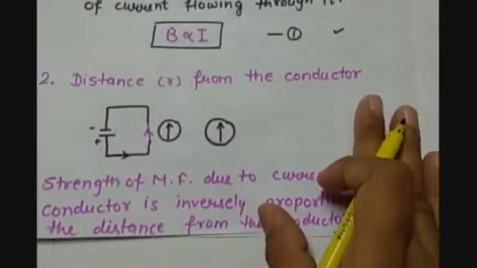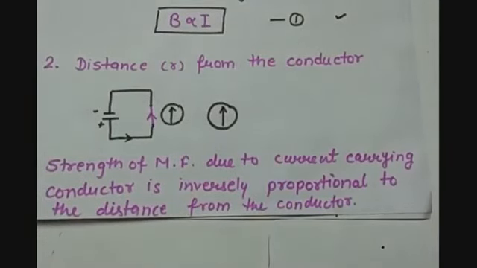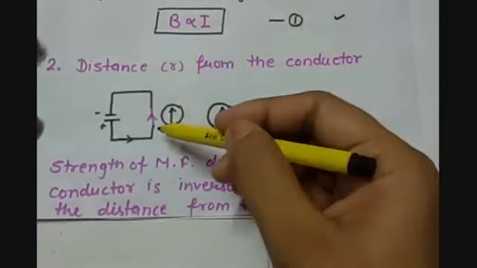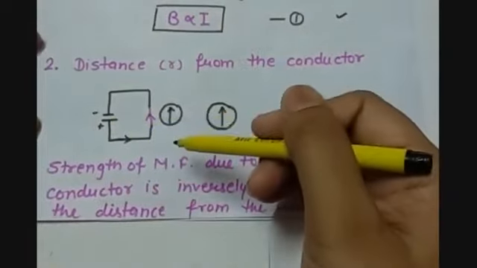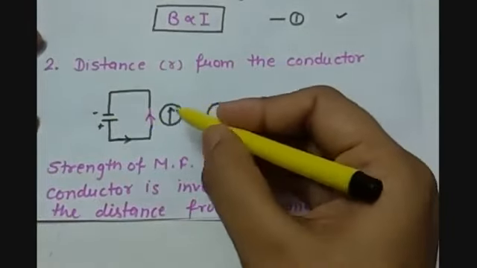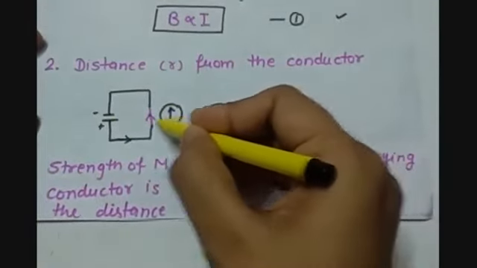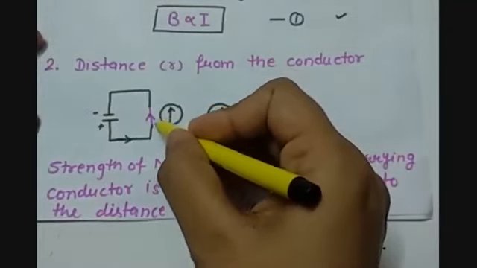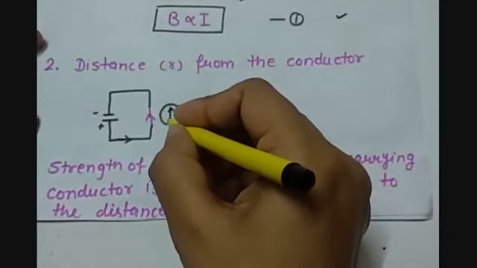Then second is the distance, let's say it is R, from the conductor. What is the effect on the magnetic field strength at a distance R from the conductor? If we perform the same experiment with a conducting wire in which current is flowing, when we place the magnetic compass near the wire, it will give more deflection.